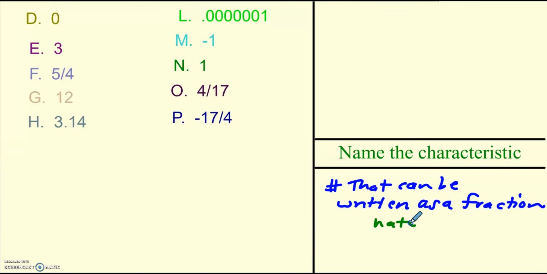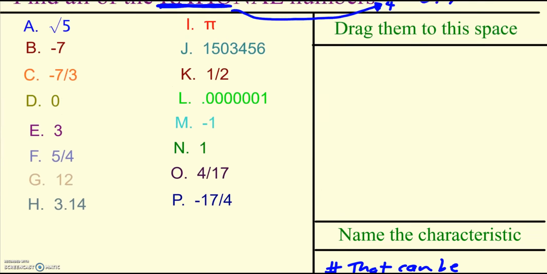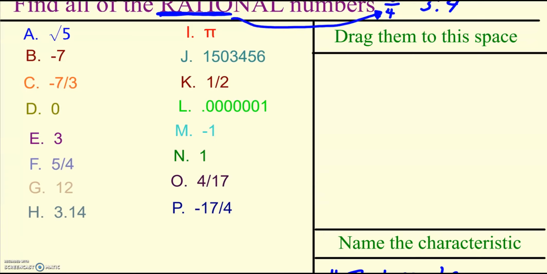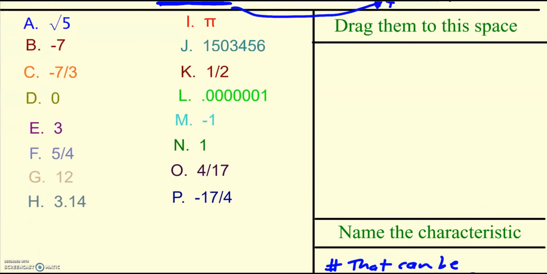It does include natural numbers, it does include whole numbers, and it does include integers as well, because all of those could be written as a fraction, which we'll be talking about in a little bit. So again, I would like you to pause the video, look at the subset, and write anything you think could be defined as a rational number based on this definition down here. Okay? So please pause now.